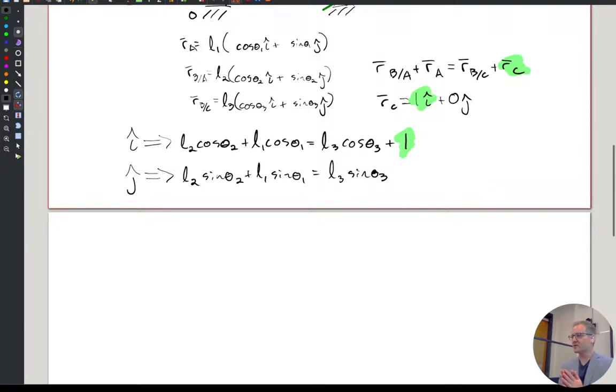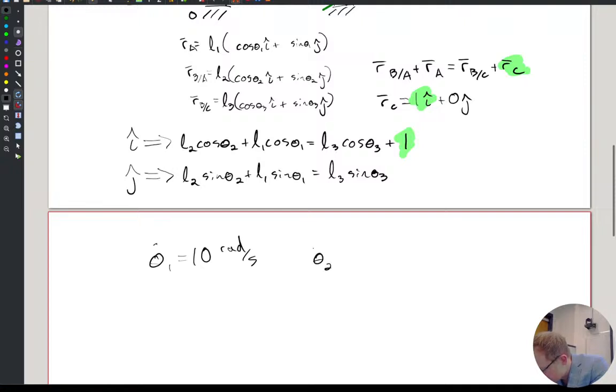Are we any closer to speeds though? So theta 1 dot is 10 radians per second. We have 2 equations with thetas in them.